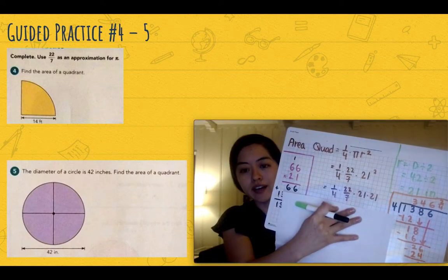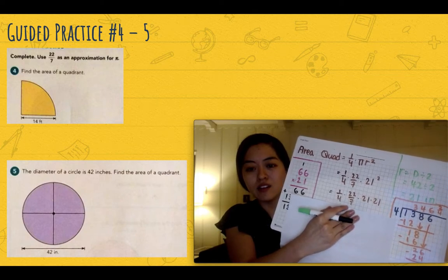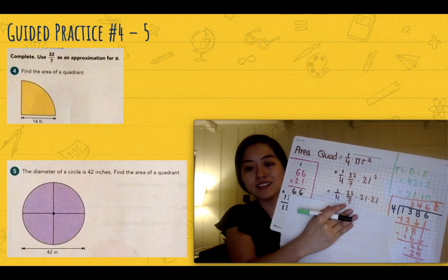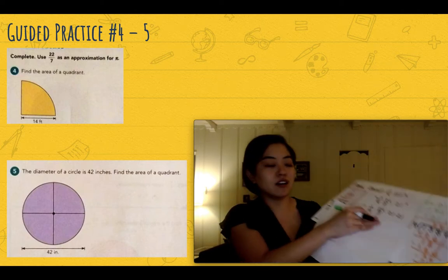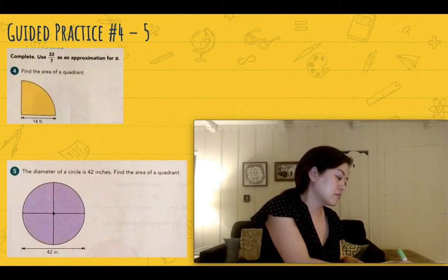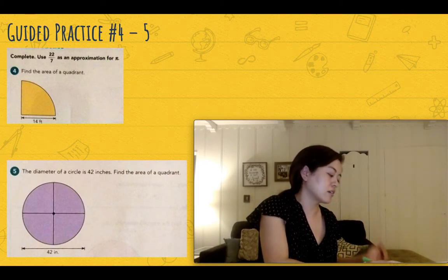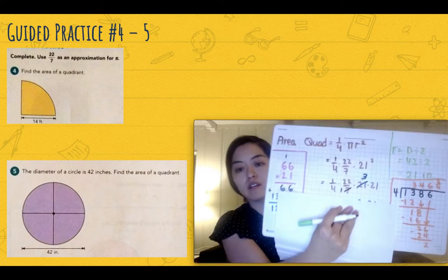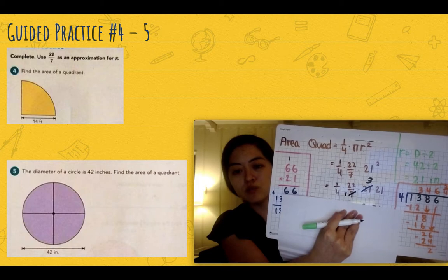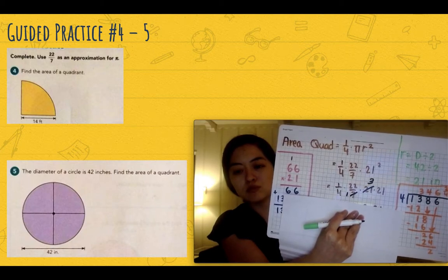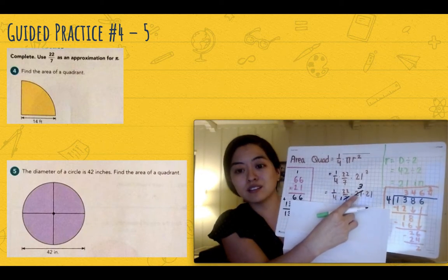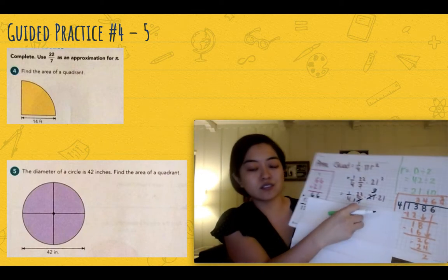And so when I do that, I see, hey, look, over here, I can do 21 divided by 7, and so that'll become just a 3. Okay, and then so now I have 1/4 times 22 times 3 times 21, and I know that 22 times 3 is 66.